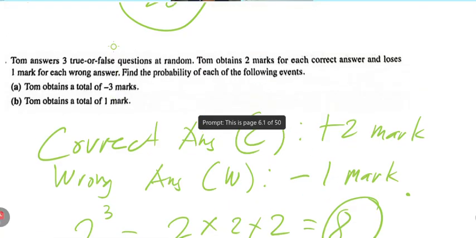Now let's move on to the second one. It states that Tom obtains a total of 1 mark.